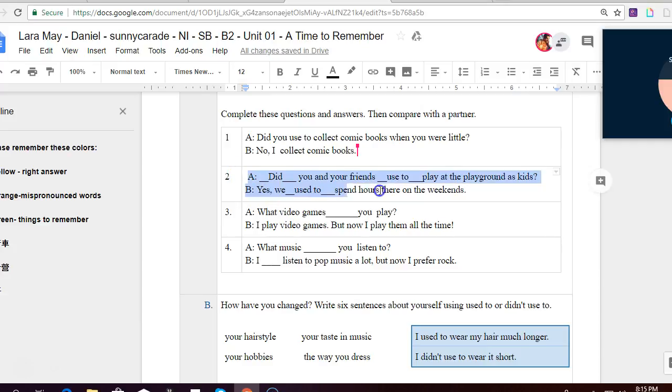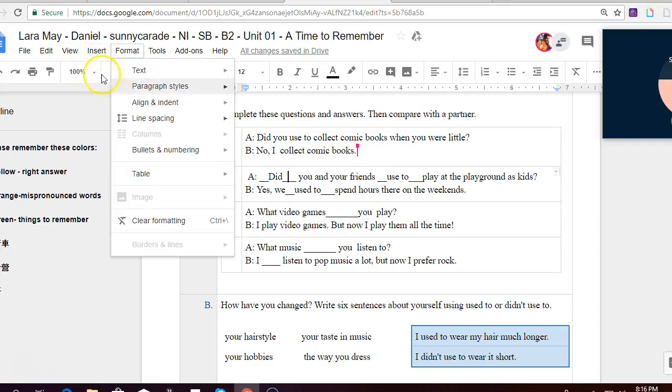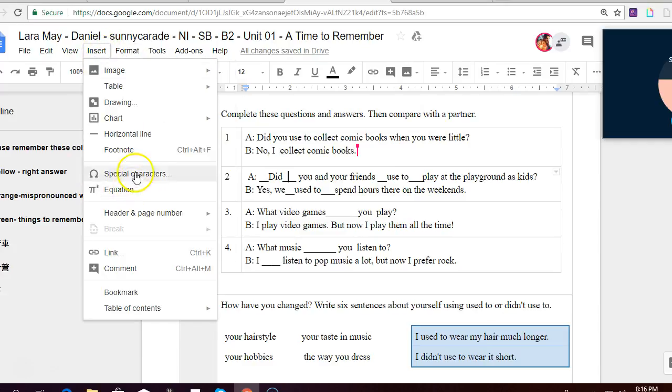Very good job, Danielle. So I want you to read these sentences from A to B. Can you please read letter A? You and your friends used to play from when you were a kid. Okay. And B? Yes, we used to spend hours there on the weekend. Okay, good.